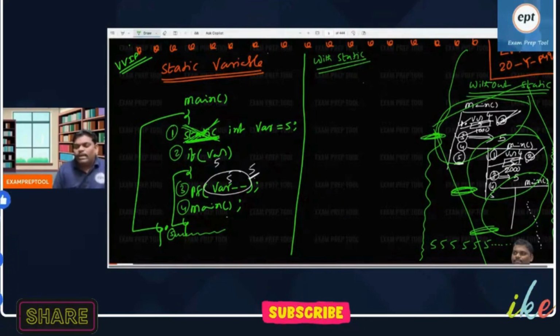No. Because what the compiler will do is check whether the program is syntactically correct or not, and semantically correct or not. The compiler will do only this. The compiler doesn't see logic.